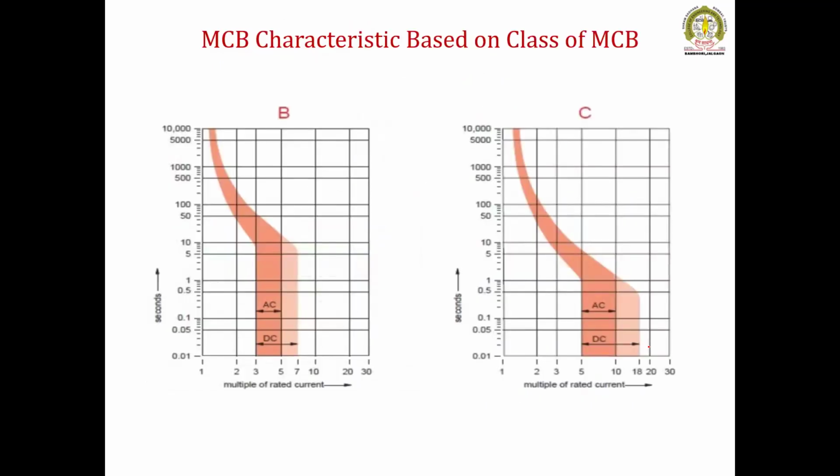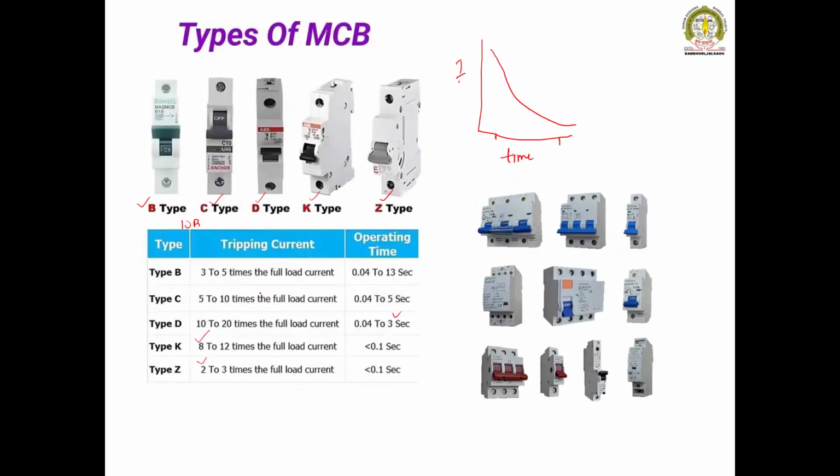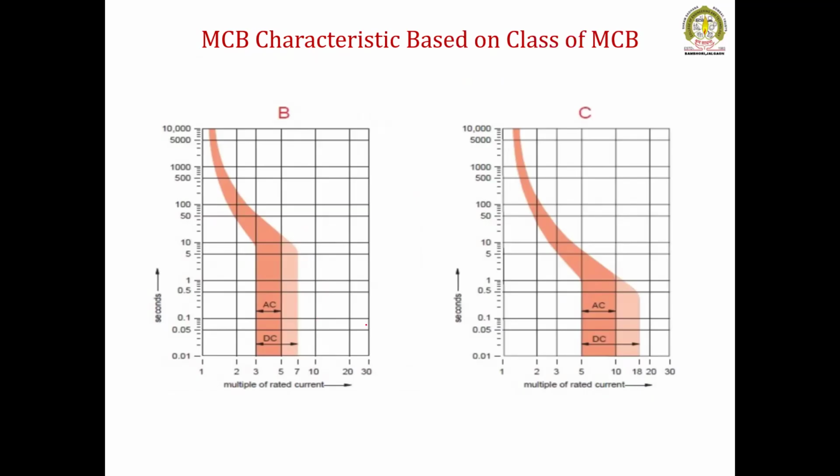This class of MCBs can be understood with the help of the current-time characteristic. So this is for class B, which is 3 to 5 times, and class C is 5 to 10 times. This is for AC and this is for DC, so DC will take a larger time.